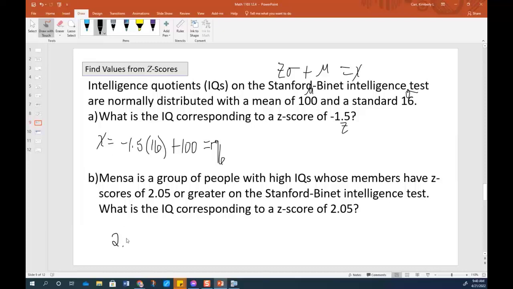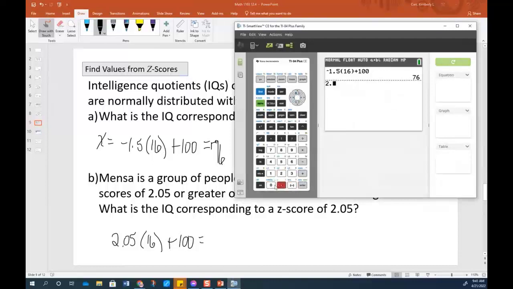We're going to take 2.05 times the standard deviation plus the mean. And that gives me 132.8.